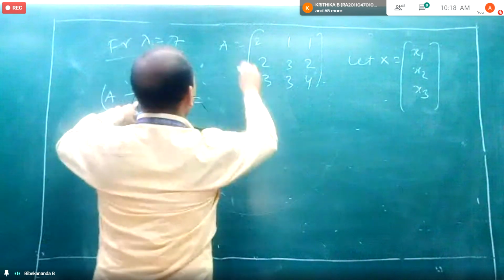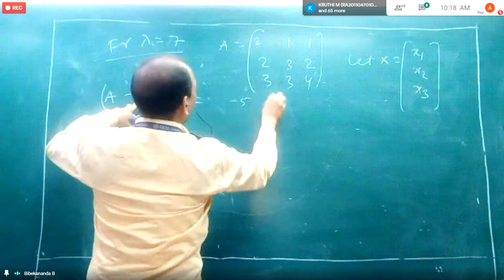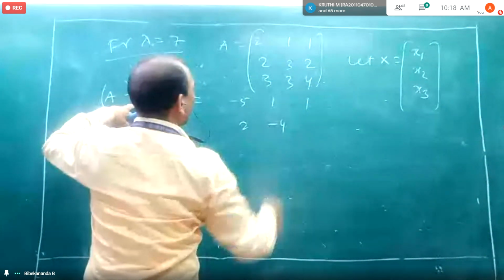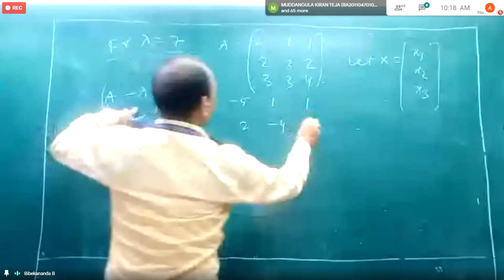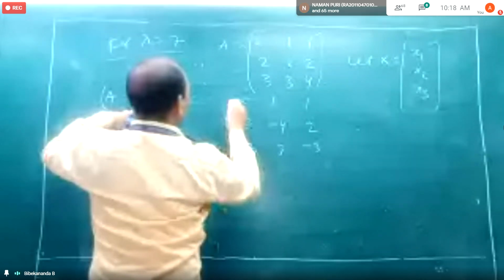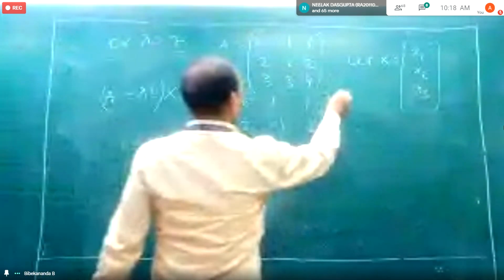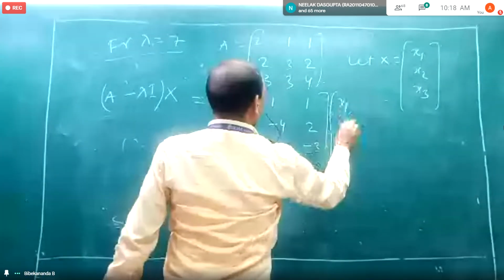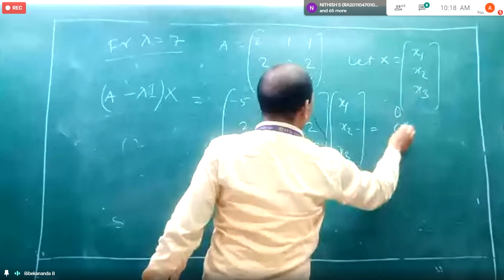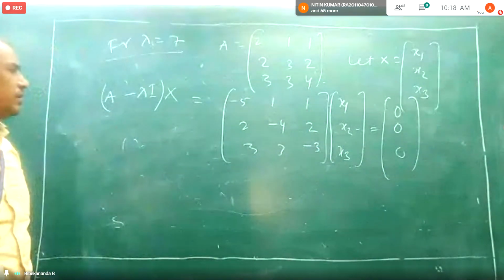This will be 2 minus 7 = minus 5, 1, 1; 2, 3 minus 7 = minus 4, 2; 3, 3, 4 minus 7 = minus 3, into X1, X2, X3 equal to 0, 0, 0.